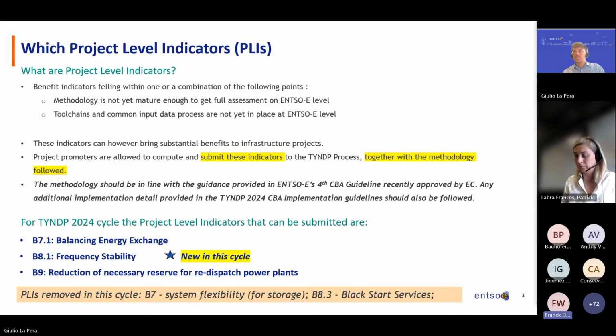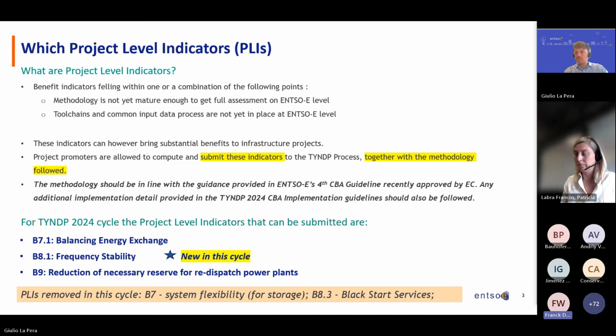And the main thing to keep in mind is that we ask that these assessments be in line with the fourth CBA guideline, which, as mentioned by Patricia in the beginning, was recently approved by the European Commission, but also with any additional implementation details, which are always provided in the cycle-specific implementation guidelines.